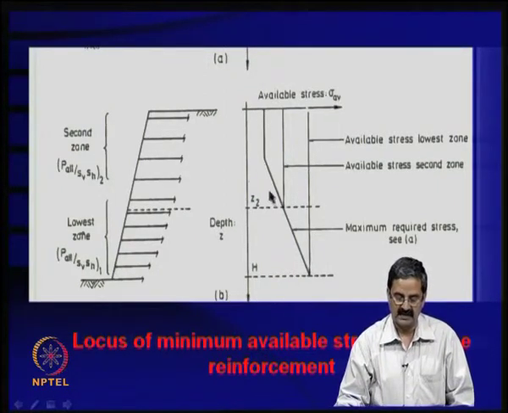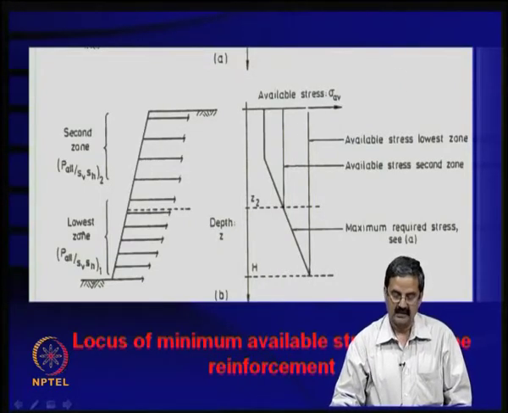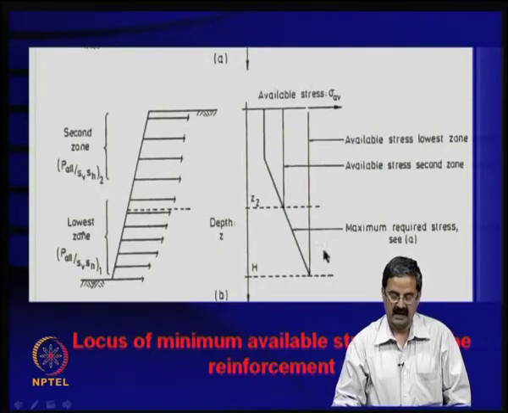This is the available stress in the reinforcement, okay. This is what I showed you just now, and sometimes our objective is to place now reinforcement, okay. So, you place reinforcement like this and you try to calculate, see there are two zones here.